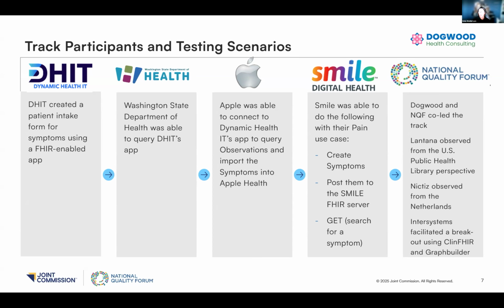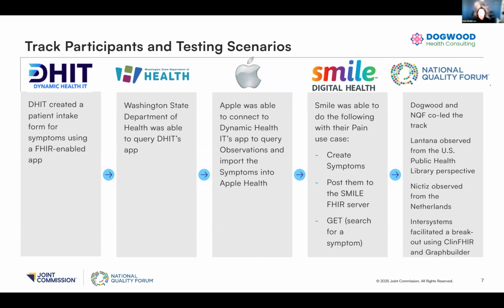And then the actual participants included Dynamic Health IT. They actually created a patient intake form for symptoms using a FHIR-enabled app. They were able to connect with the Washington State Department of Health. Washington Department of Health was able to connect to DHIT's app and query it. Apple participated with us.